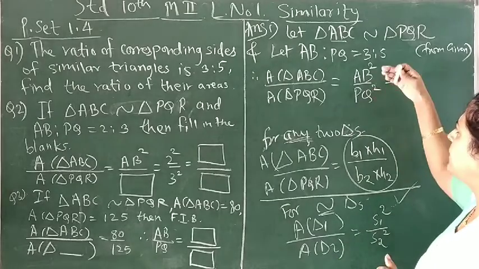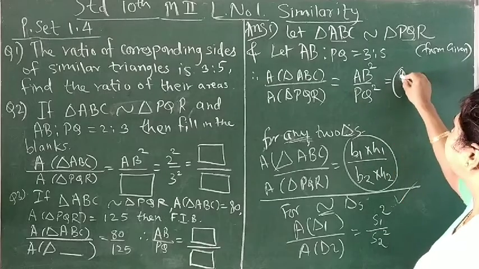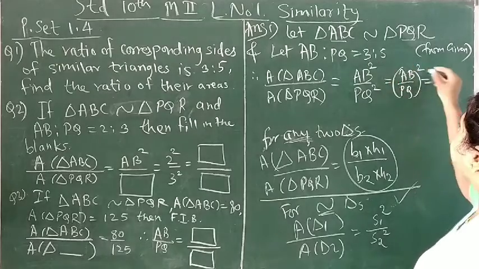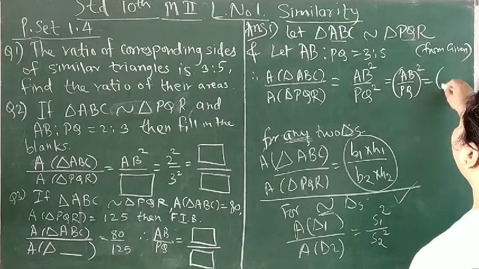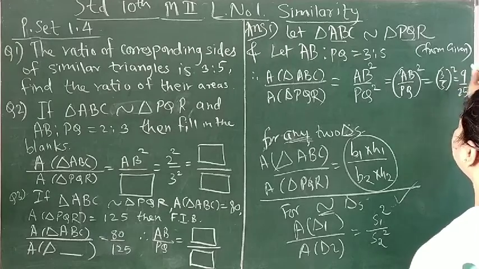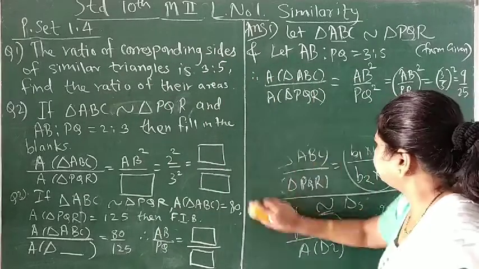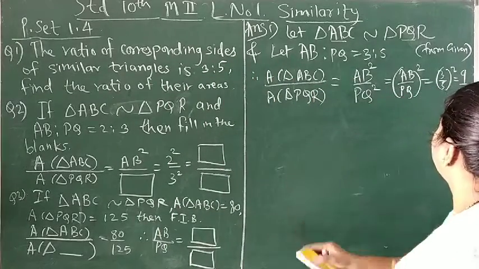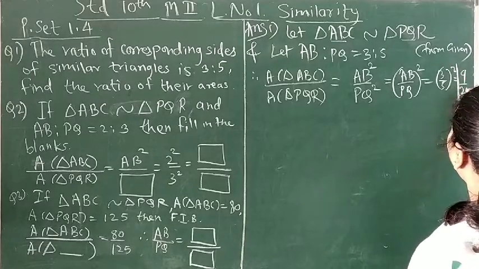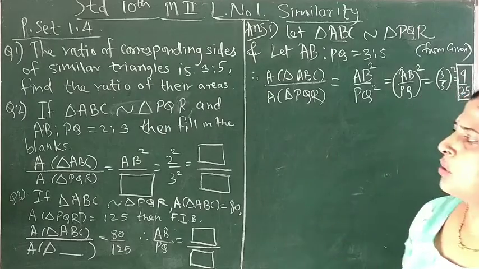Now here we do not have AB square and PQ square, but by using the laws of indices, we can take it as AB upon PQ whole squared, and this can be taken as 3/5 the whole square, that is 9/25, square of 3 and square of 5, 9:25. So this is our answer, 9:25. Like this we have solved the first question.